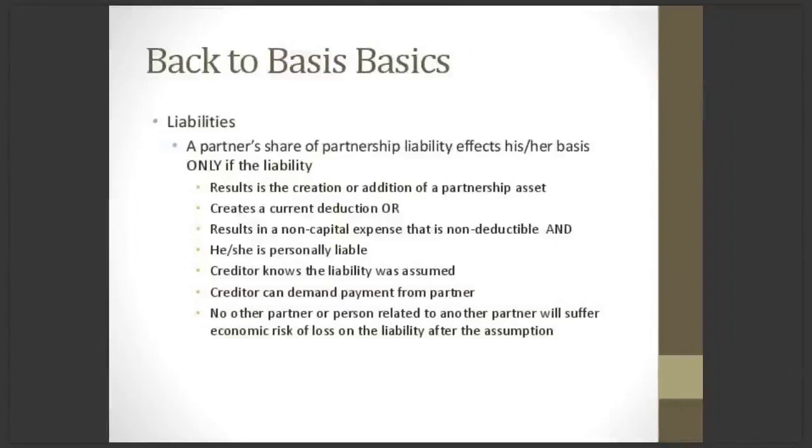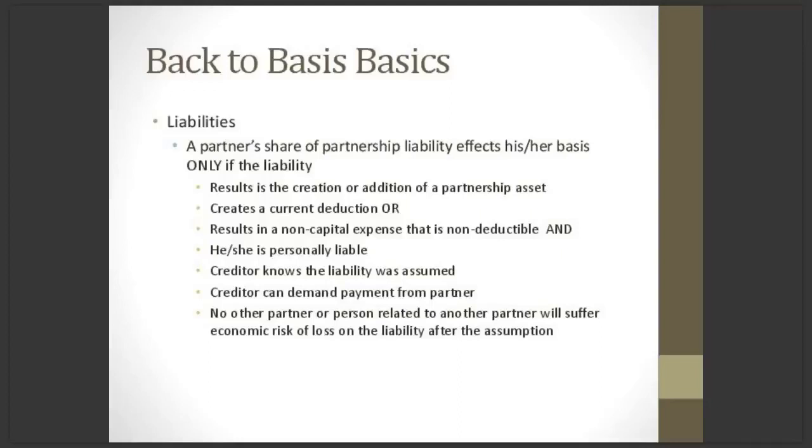So back to the liabilities. One of the things that I want to talk about as far as liabilities is what type of liability actually does apply. Not all liabilities will. And so the first thing is defining liability. What constitutes a proper liability for the partnership that one can assume and take on, and that is a qualifying liability.